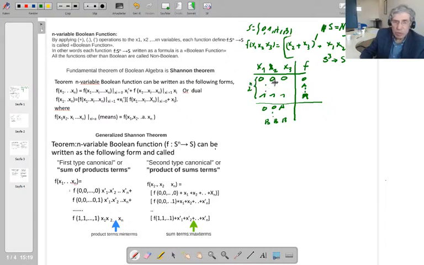You're making a permutation which is combined of n-tuples, isn't it? So the number of permutations that you can write is 2 to the power n. But if it includes all the elements of S, then it's going to be this one. So the number of rows here is going to be 4 to the power small n.